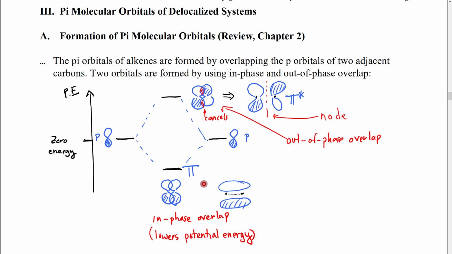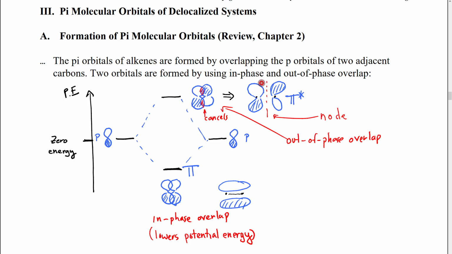When we overlapped them, we always overlapped them in phase, where positive signed parts of the orbital overlapped with positive signed parts. And then we overlapped them out of phase, where positive signed parts overlapped with negative signed parts, not charges but just mathematical signs.